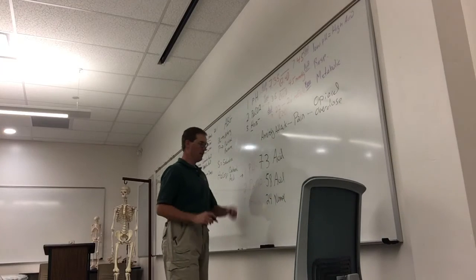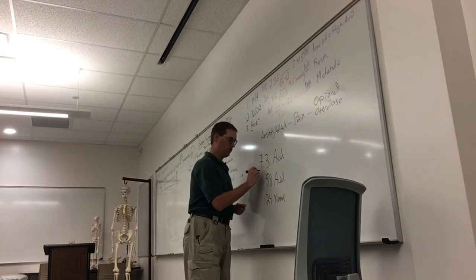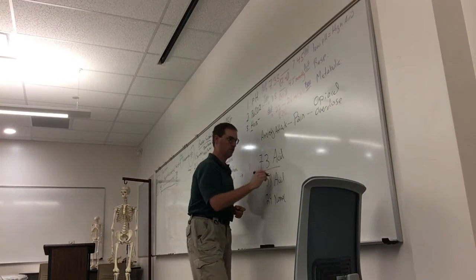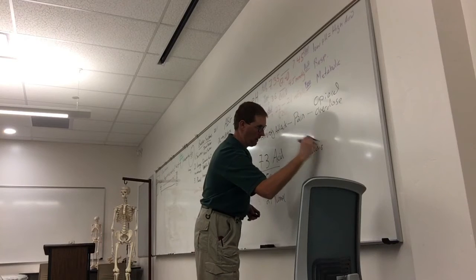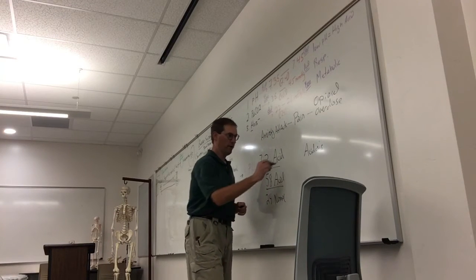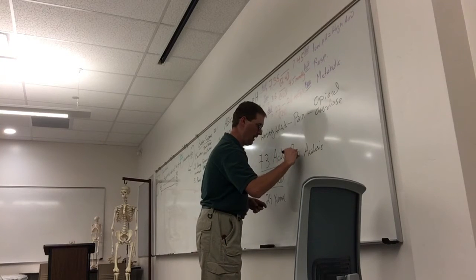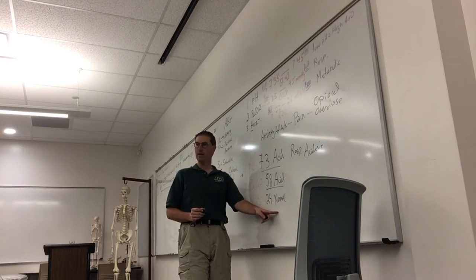Okay, so is there a problem? Yes. What is the problem? Acidosis. Okay, good. What's the cause of the acidosis? Respiratory, right? And is there any compensation? Negative, right? This is normal.